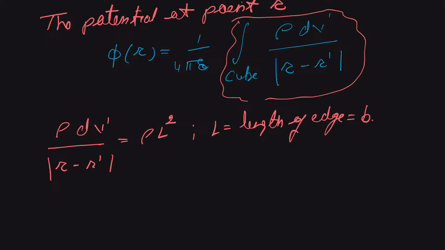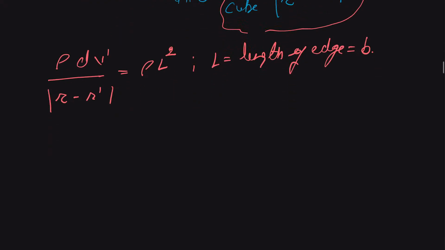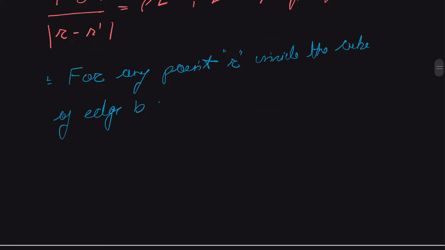Therefore we can say that for any point r inside the cube of edge B, we can write the potential at a point r for edge B as a constant K times rho B square upon epsilon naught.